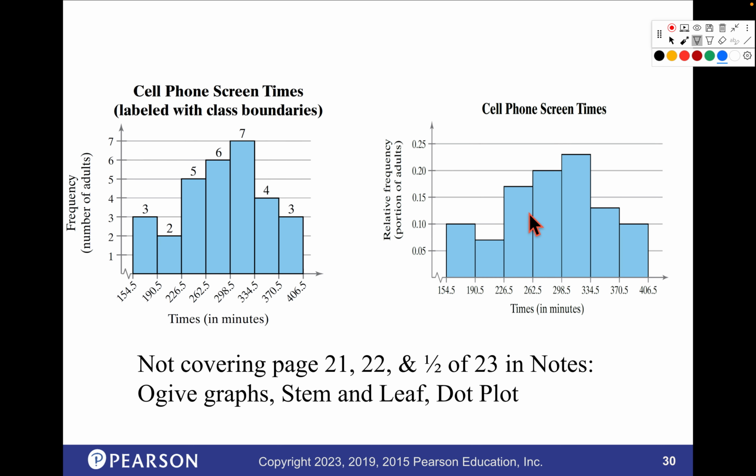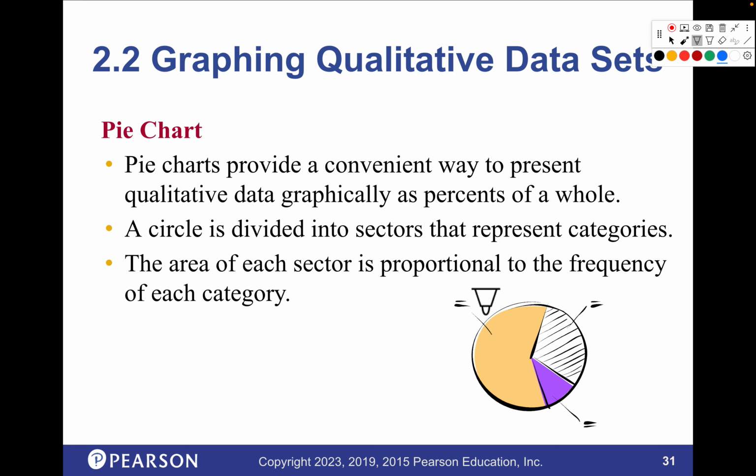Okay. And there they are side by side, and you can see they're very similar. It's just the scales are a little different, but it gives you the same picture. Pie charts, the pie, the circle, represents what?